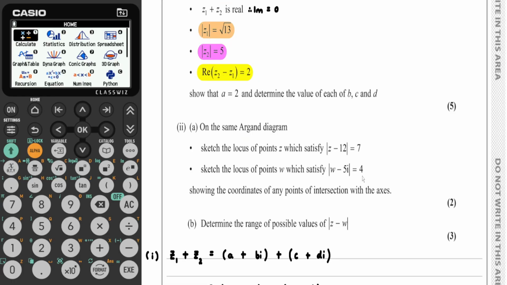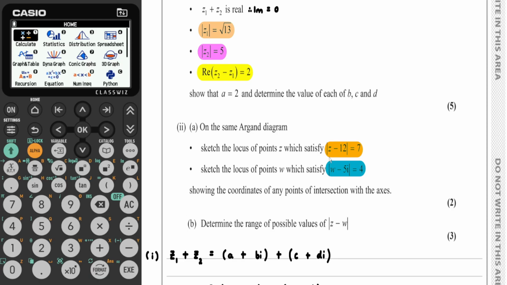For the second part of the question, for part A, on the same Argand diagram, we have to sketch the locus of points Z which satisfy mod of Z subtract 12 equals 7, and sketch the locus of points W which satisfy the mod of W subtract 5i equals 4, showing the coordinates of any points of intersection with the axis.